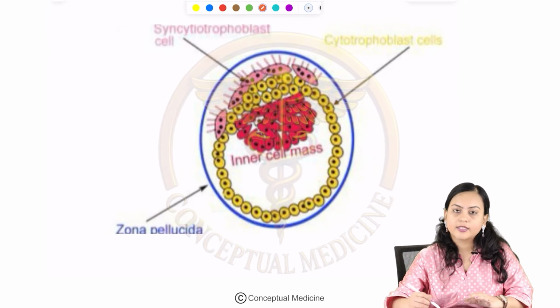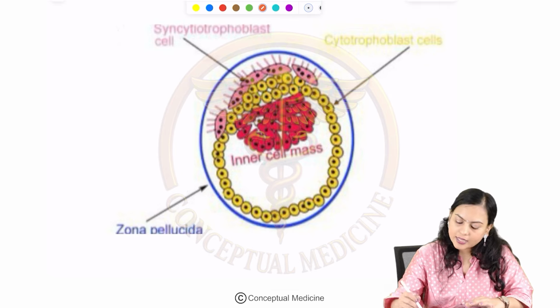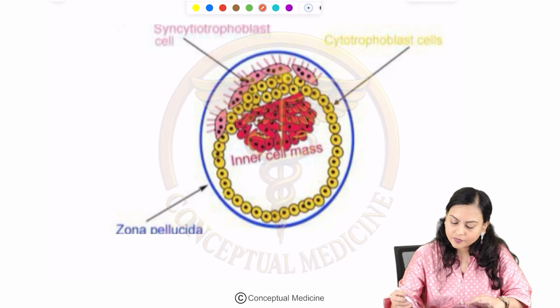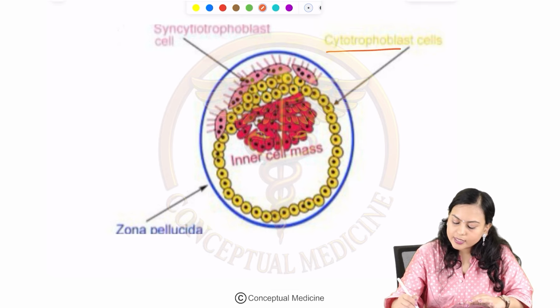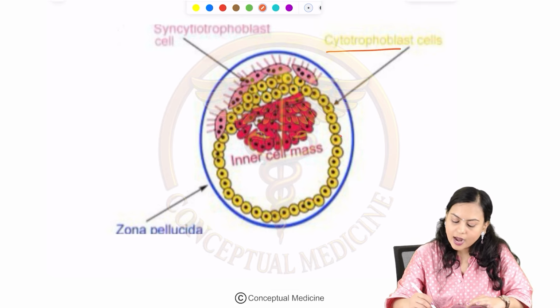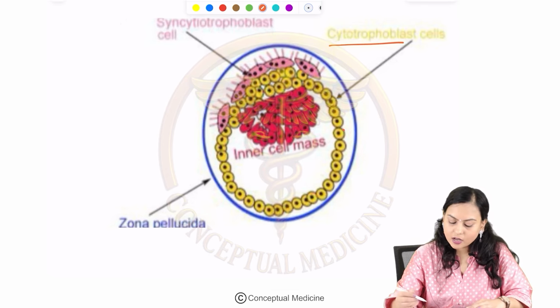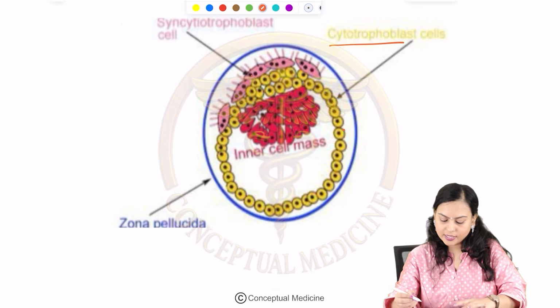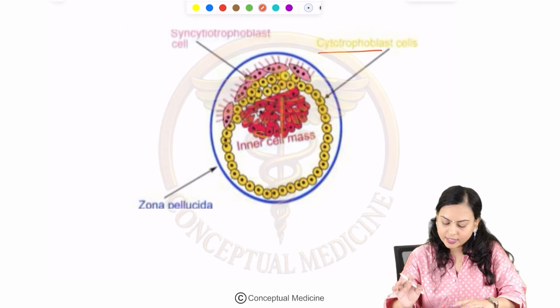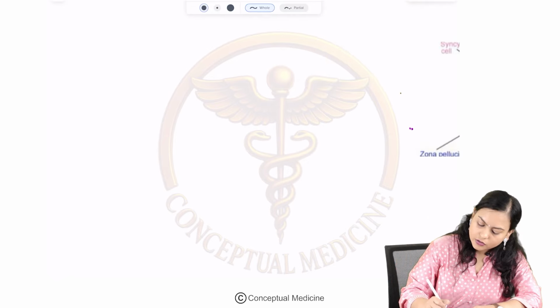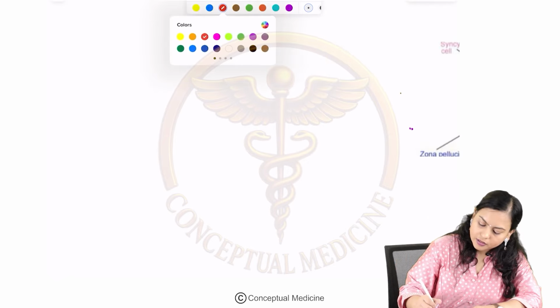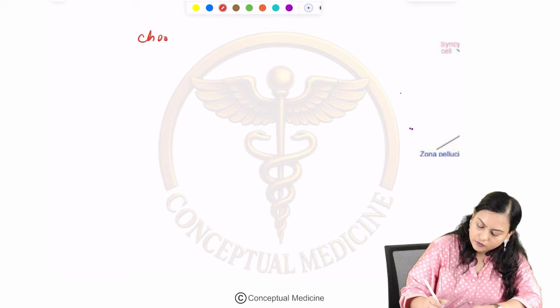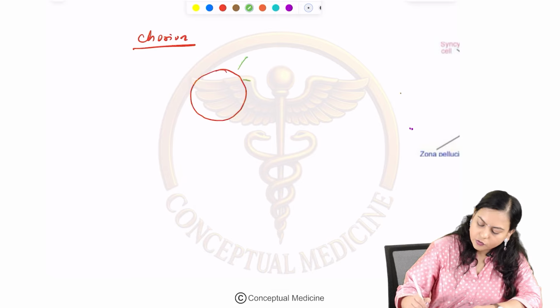We have the outer syncytial trophoblast cells and the inner cytotrophoblast cells. Cytotrophoblast cells are single cells with a single nucleus, and the syncytial trophoblast cells are multinucleated cells and they don't have a defined cell border. So what happens is, from the chorion, there occur numerous villi surrounding the chorion.